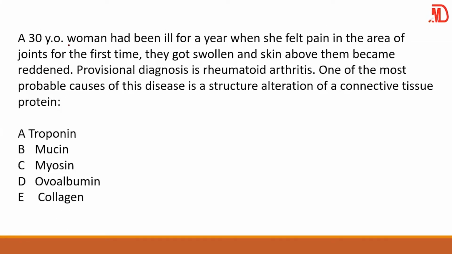We have a 30-year-old woman who had been ill for a year. She felt pain in the joints for the first time, they got swollen and the skin above them became reddened. Provisional diagnosis is rheumatoid arthritis. One of the most probable causes of this disease is a structure alteration of the connective tissue.